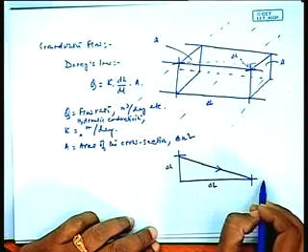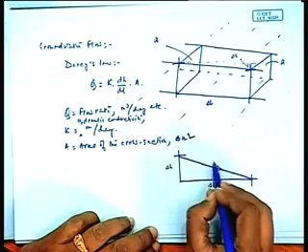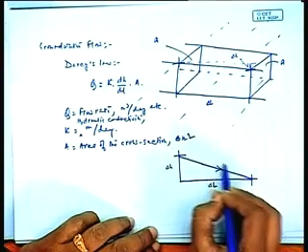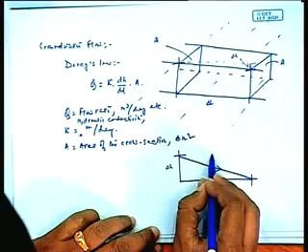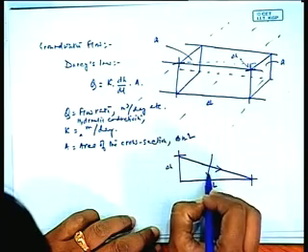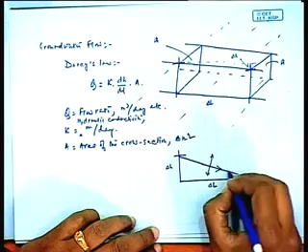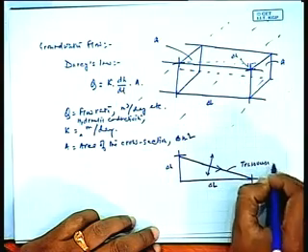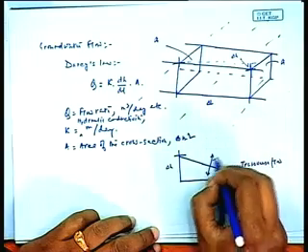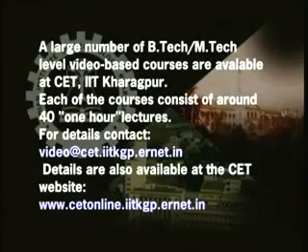The spread of dispersion would be normal to the direction of this flow. Here you can see this is known as the transverse flow. This is known as the longitudinal flow.